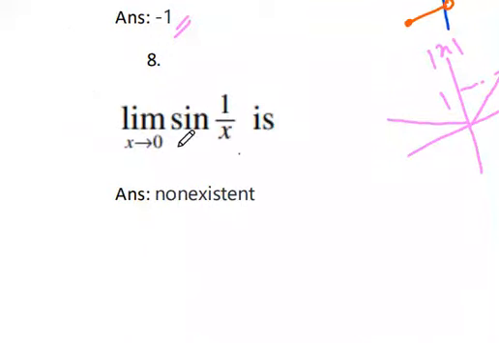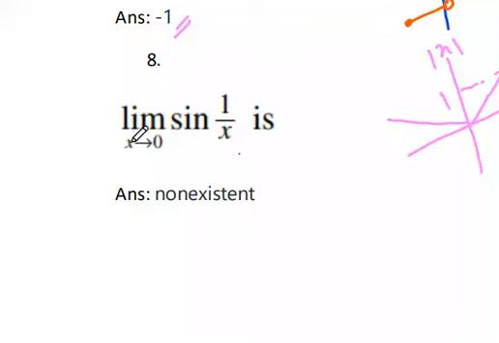And the next one, a trigonometric function. So the limit of this function as x tends to 0. You know that the sine function is an oscillating function, oscillating between -1 and +1, right? So as x approaches 0, 1 over x could be positive infinity or negative infinity.